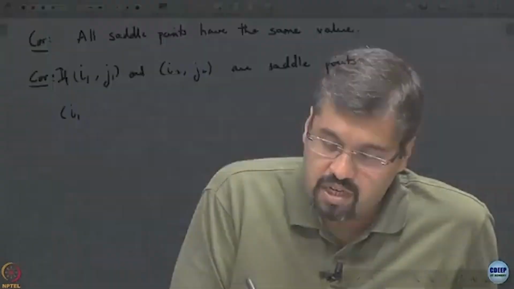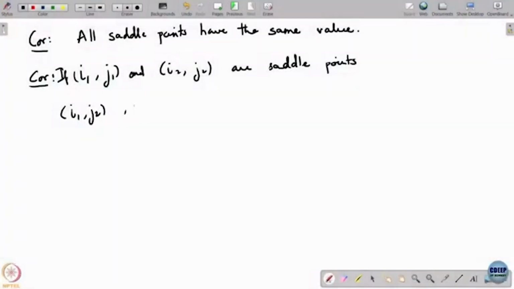But then what did we also say? That if there is a saddle point, then every pair of security strategies is also a saddle point, which means I1 J2 is also a saddle point and I2 J1 is also a saddle point.